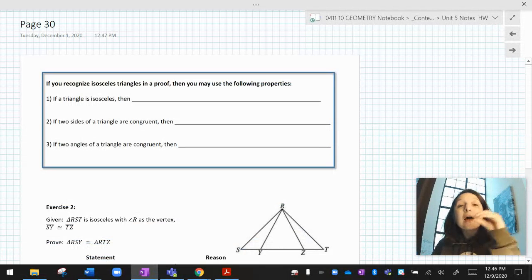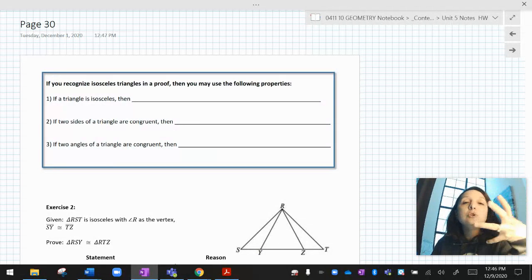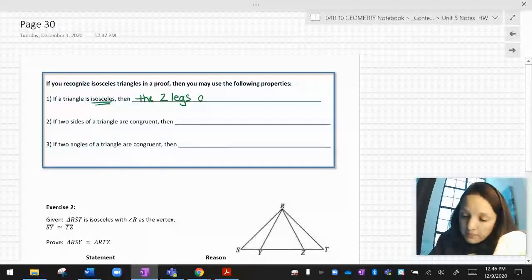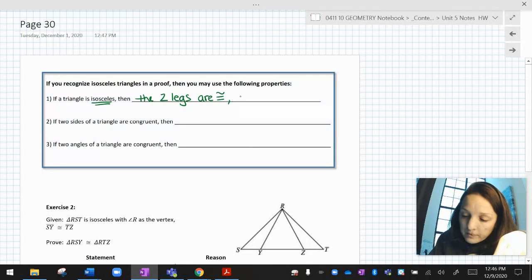Okay, now that we proved that, we don't ever need to go back and reprove it again. Now we can use all the properties of isosceles triangles within our proof. So if a triangle is isosceles, then the two legs are congruent and the two base angles are congruent.